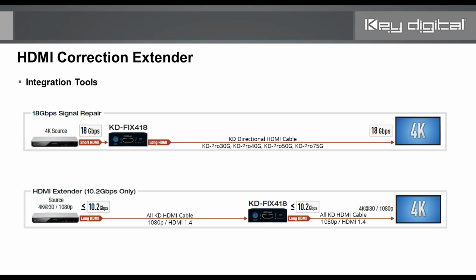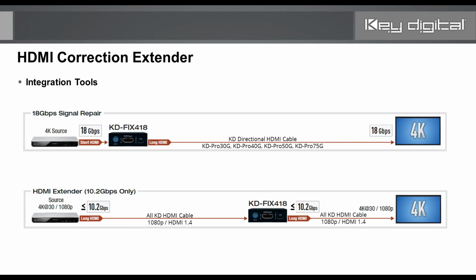All of our Pro G HDMI cables. And so inserting the Fix 418 in line will help get that signal where it needs to be in order to support, or to have a good picture on the display displaying that 18 gigabit per second signal.